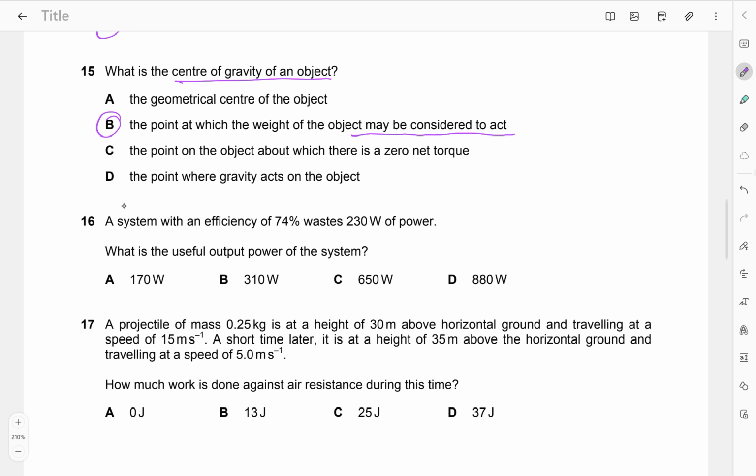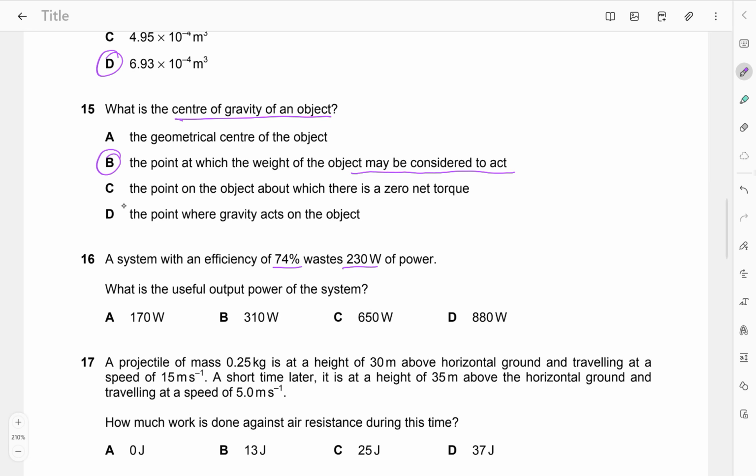A system with an efficiency of 74% wastes 230 watts of power. Let's see what fraction is wasted. The percentage wasted is equal to 100 minus 74, which is 26%.